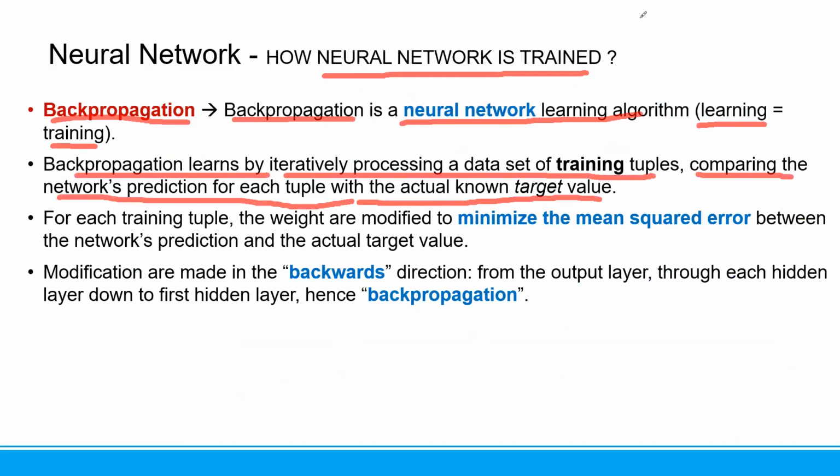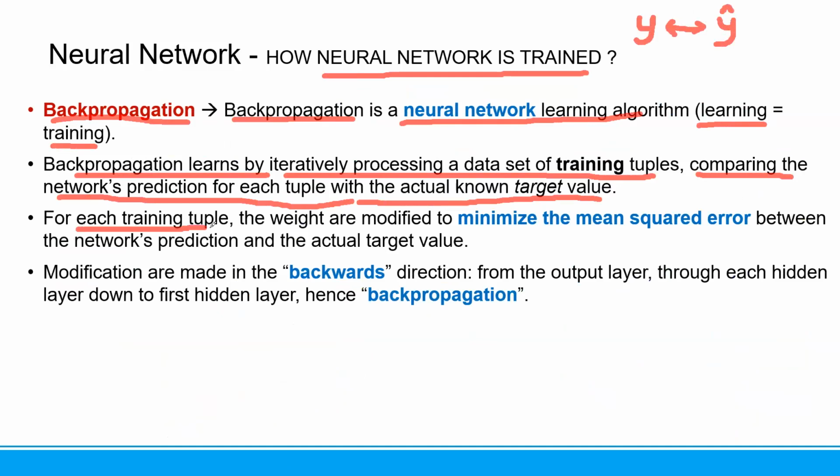I think you already know we have y as the actual value and y hat as the prediction. This is always the case when you do prediction or classification. You always compare whether the actual value is the same as the predicted value.